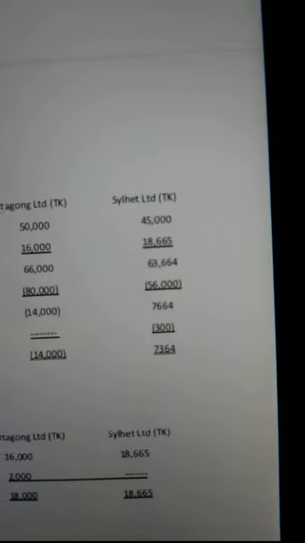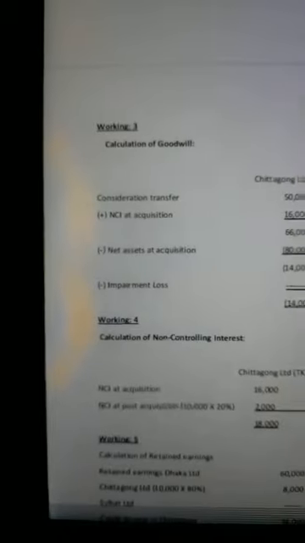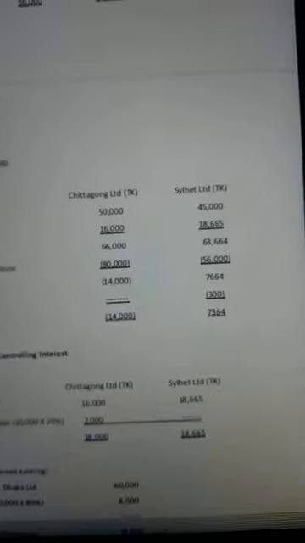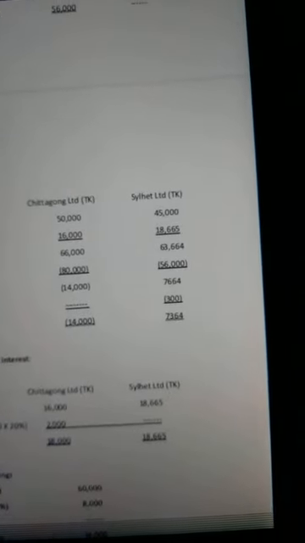And now the impairment loss: as we read in the question at the very beginning, there was a 300 loss for Sylhet, so we deduct 300 here. Working number 3 is completed: Chittagong Limited 14,000 minus 14,000, and Sylhet Limited 7,364.